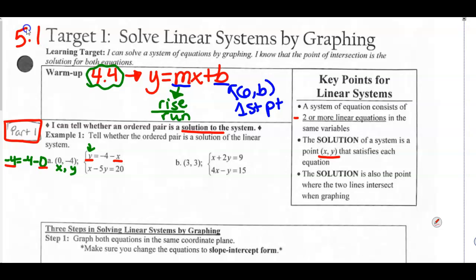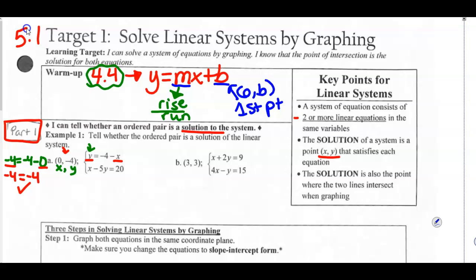So then I get, using my calculator, -4 equals -4 minus 0, which is -4. So if this is true, -4 equals -4, I'm going to put a check mark. That means this ordered pair is a solution to one of the equations. I have to check both because it's a system.